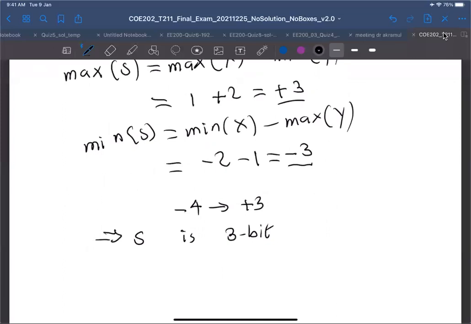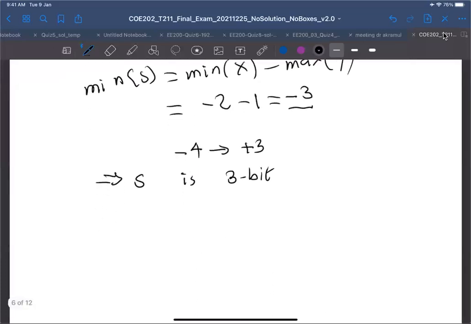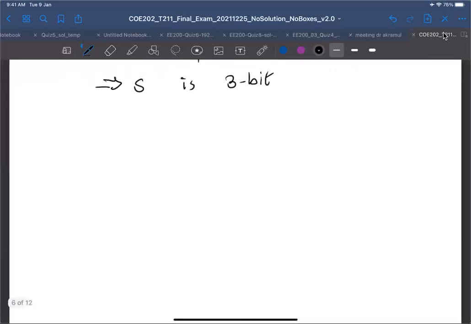All right, so we need to sign extend X and Y to be 3-bit as well.